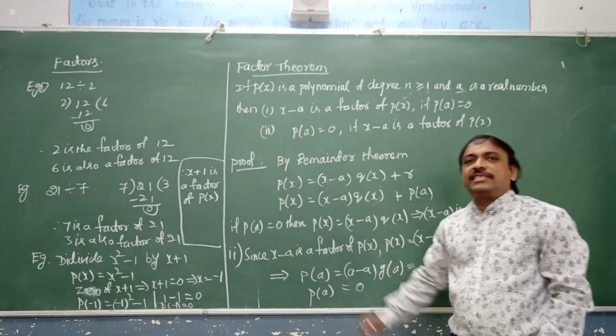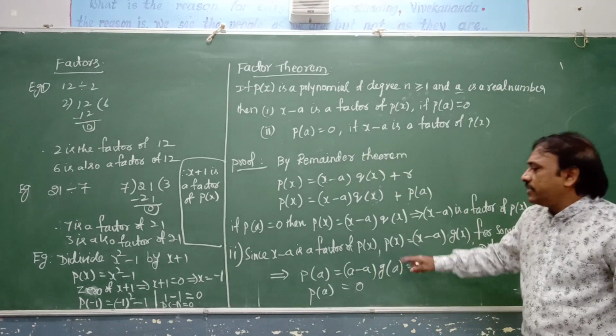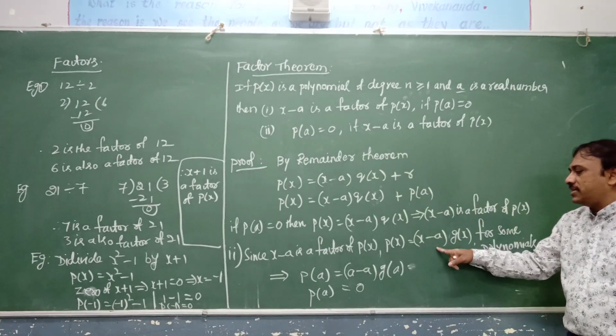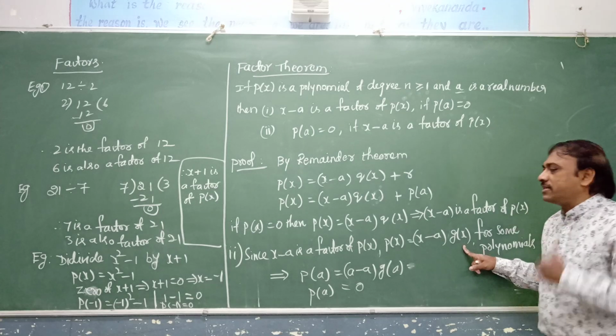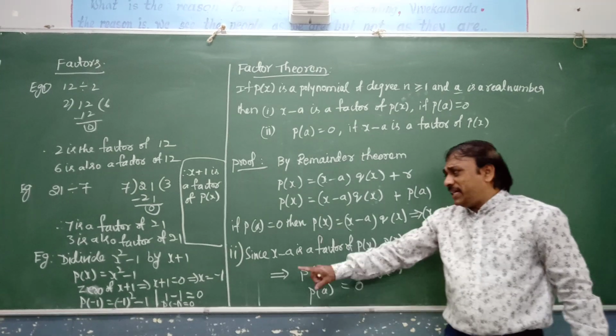Since x minus a is a factor of p of x, p of x is equal to x minus a into g of x, because x minus a is a factor for some polynomial. So x minus a is a factor.